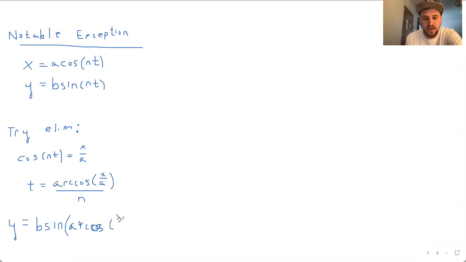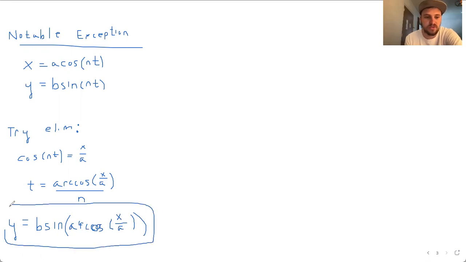The whole point of this is to take something you don't understand in parametric equations, and make it something you do understand in rectangular coordinates. But here, this is worse to me. When I look at this, I'm more confused than I was up here. And so this is why we don't try elimination, or we can try it. It's why we don't really use it for this particular case.